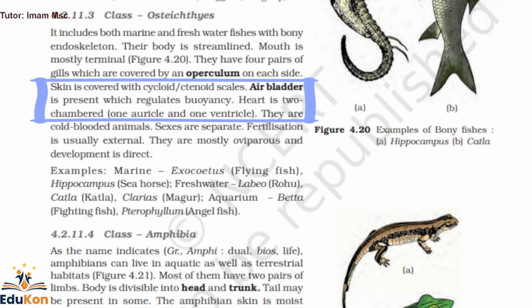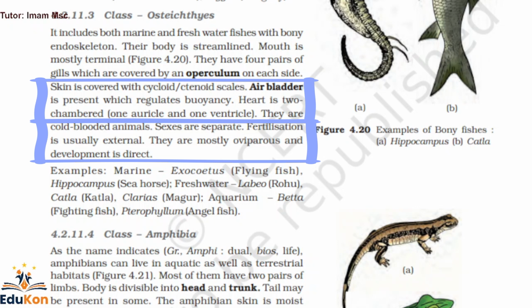Sexes are separate. Fertilization is usually internal. They are mostly oviparous, whereas in Chondrichthyes we have viviparous animals. In Osteichthyes, we have mostly oviparous animals and development is direct.